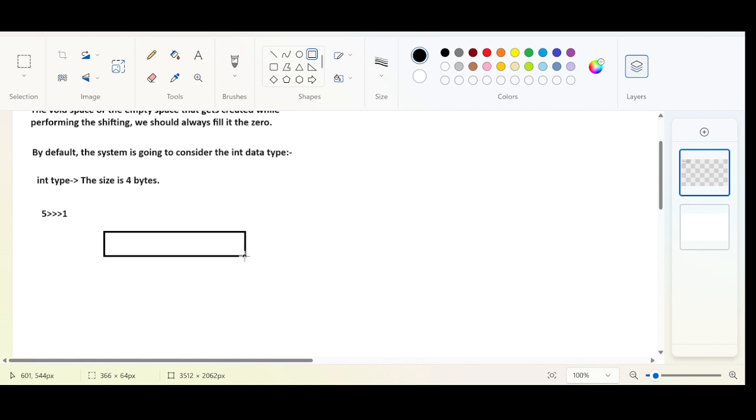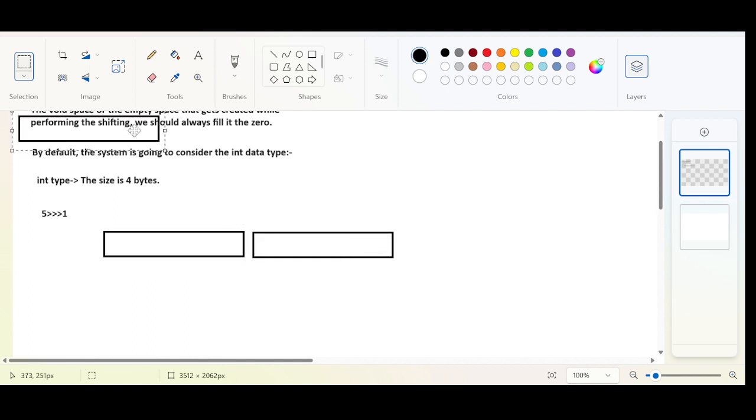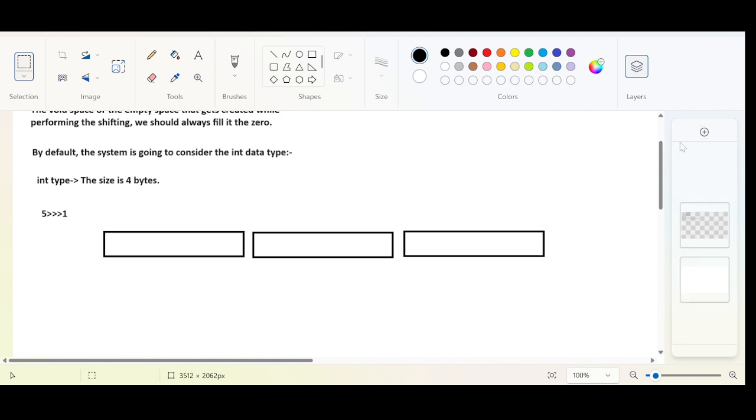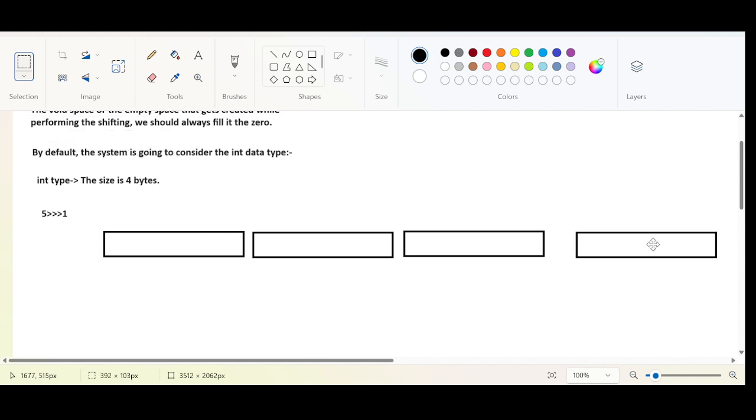Let us say this is 1 byte. Then 4 bytes would be represented like 1, 2, 3, and 4. Internally each byte is a collection of 8 bits, so each byte is divided into 8 bits.